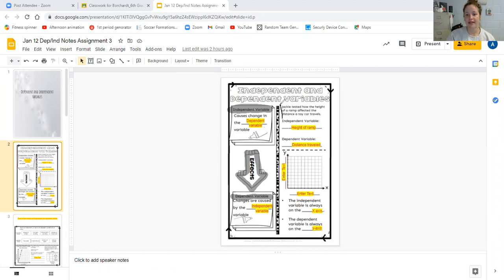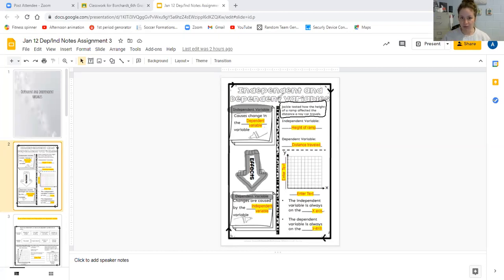If we're looking at this little word problem, a lot of times when we're talking about independent and dependent variables, you're going to get a real world situation and you're going to have to determine what the independent variable is and what the dependent variable is. It says Jackie tested how the height of the ramp affects the distance of the toy car.